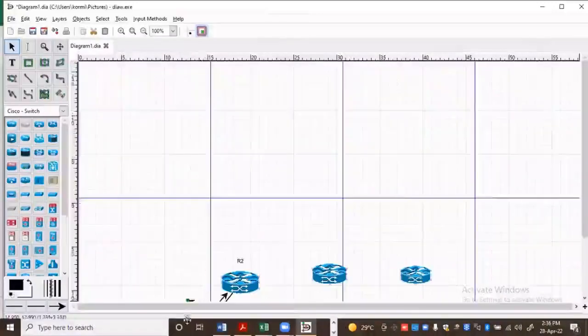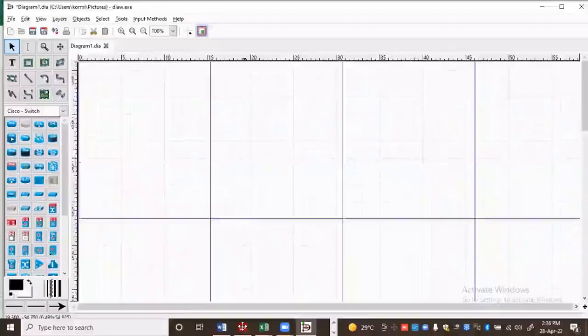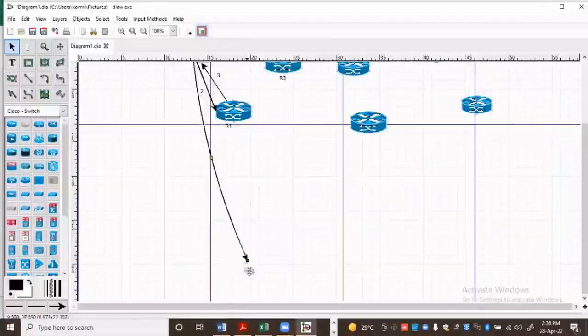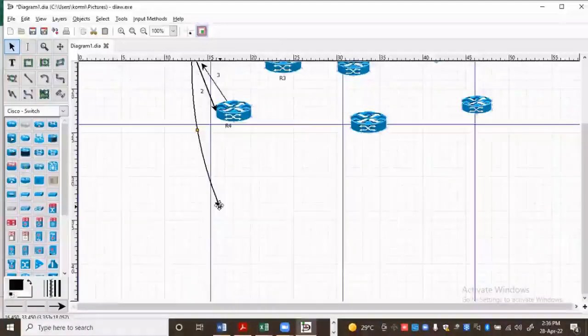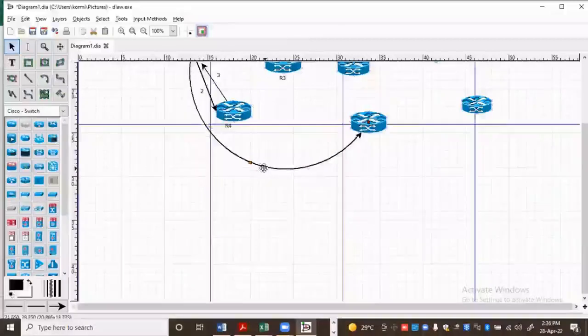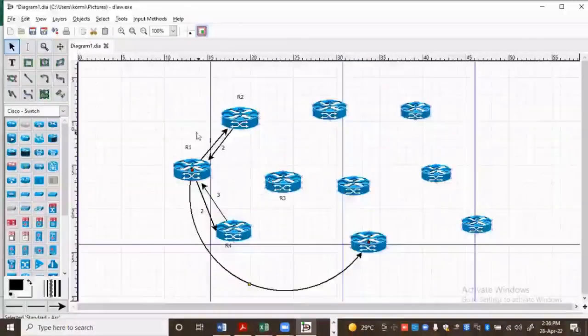Okay, so we go from here to that. And you can just bend it anyhow you want. So you got your bend. So moving from router 1 to router 2, and then the same coming back, going back to router 1.